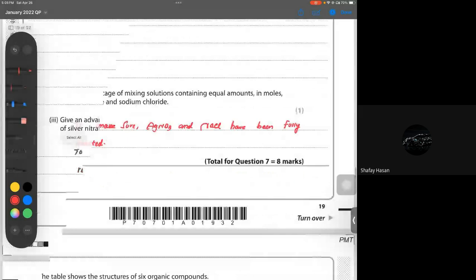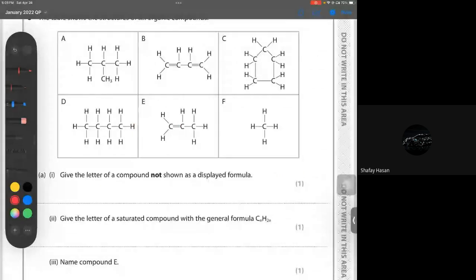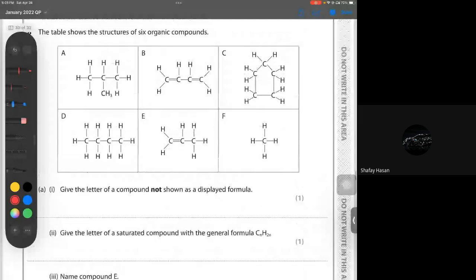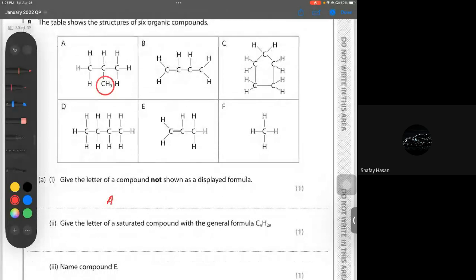Give the letter of a compound not shown as a displayed formula. Of course, this is not a displayed formula, so it's A. Give the letter of a saturated compound with the general formula CnH2n.